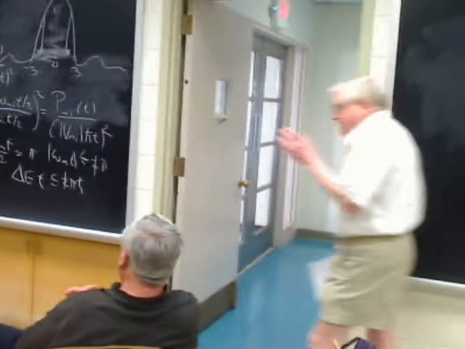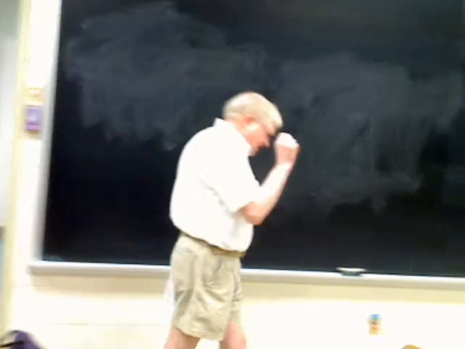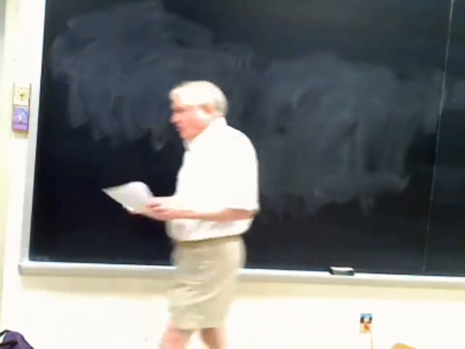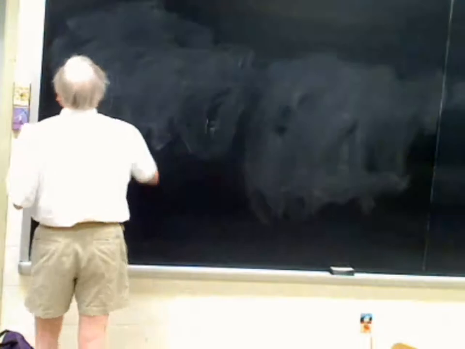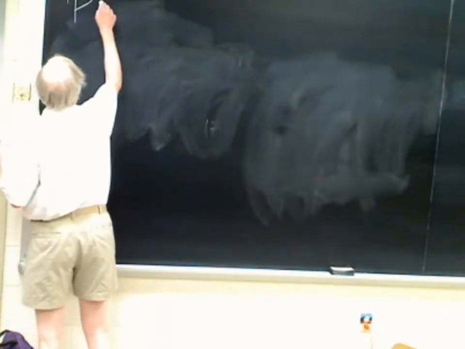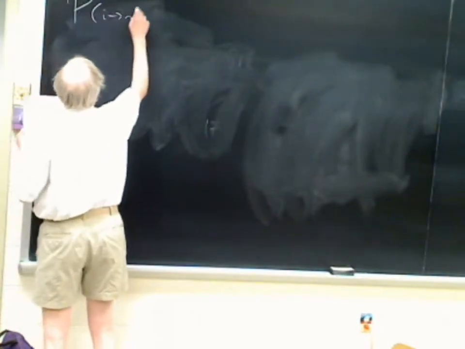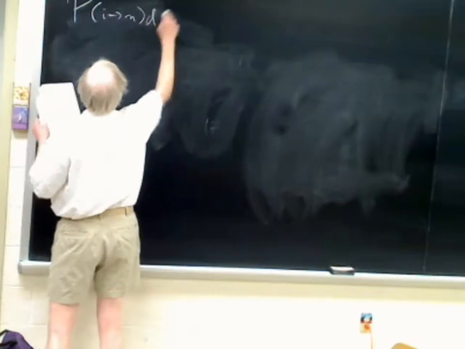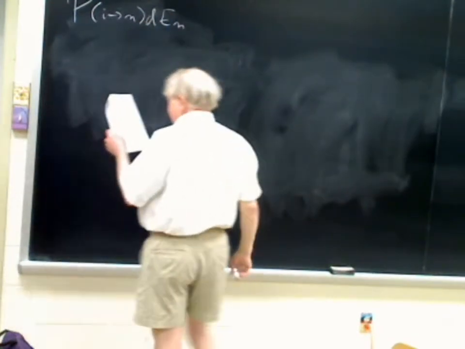Well, we're really talking about scattering states here, and so we're not interested in a scattering state scattering into an individual quantum state, because that would be the precise value of the momentum and the precise angle and so forth. Instead, you're imagining that it's going into a band of energies. So what you want is the probability of the initial state going to state n, and then you integrate dn.